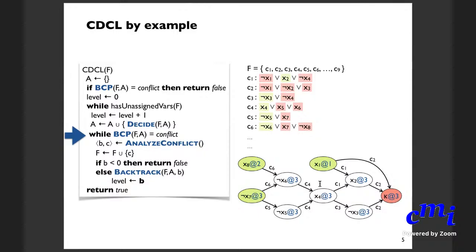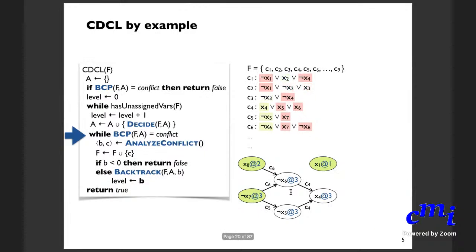The way it is generated, is it clear? You go through the clauses and generate it as you propagate the clauses.